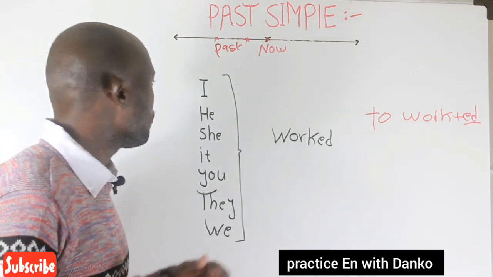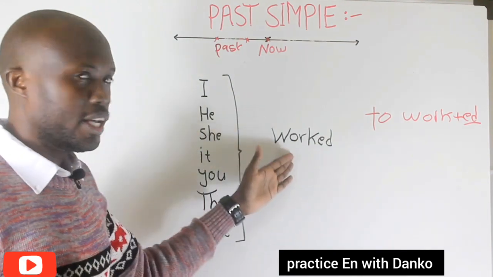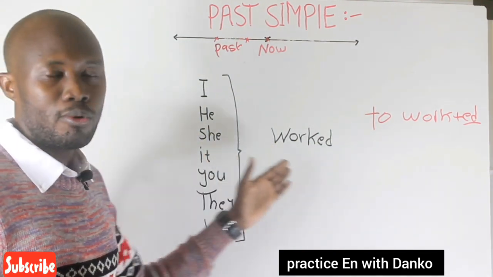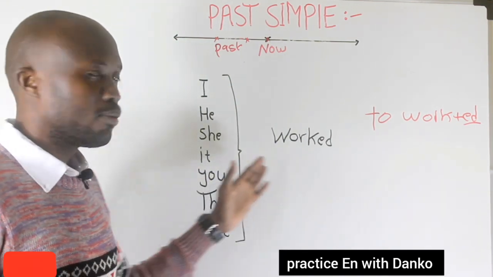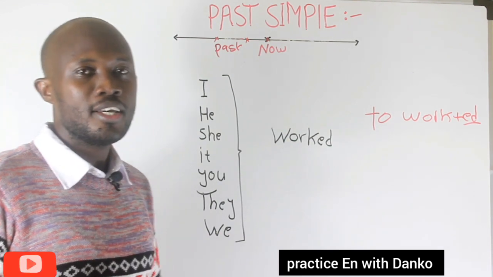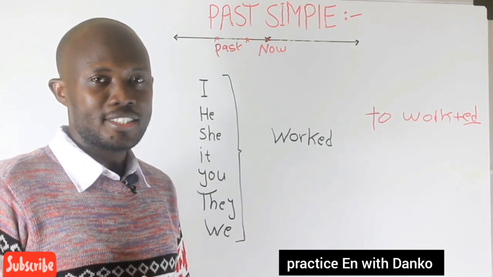For example, I worked, he worked, she worked, you worked, and they, we worked. Just add ed to the verb and it becomes past.